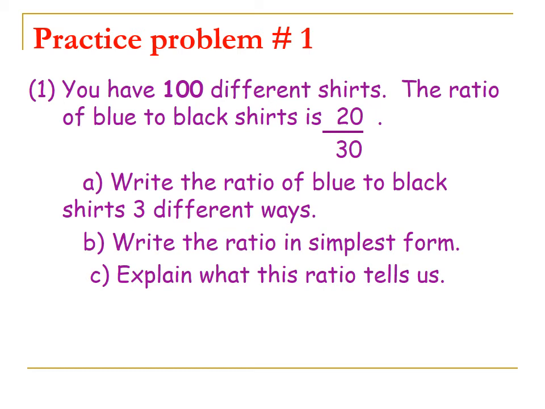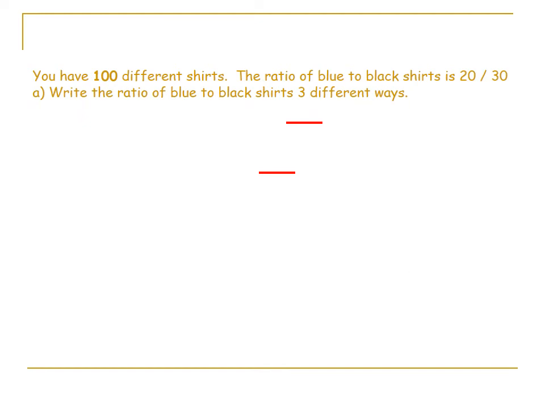C. Explain what this ratio tells us. Solution. You have 100 different shirts. The ratio of blue to black shirts is 20 to 30. A. Write the ratio of blue to black shirts in 3 different ways.